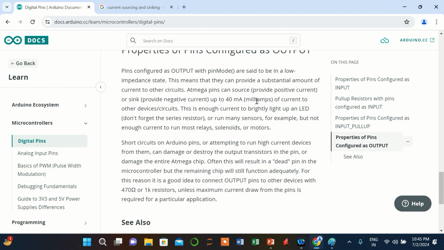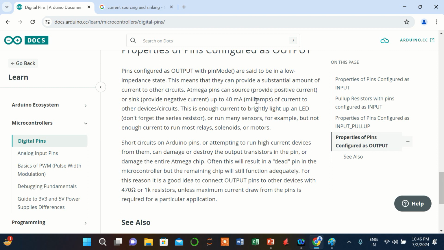Generally speaking, ATmega controllers have the ability to provide, meaning source, or sink, meaning negative current, up to 40 milliamperes. So 40 milliamperes is the current in any microcontroller pin as far as ATmega is concerned, but controller to controller it will differ.